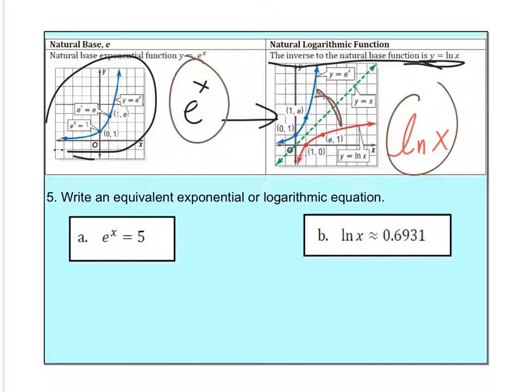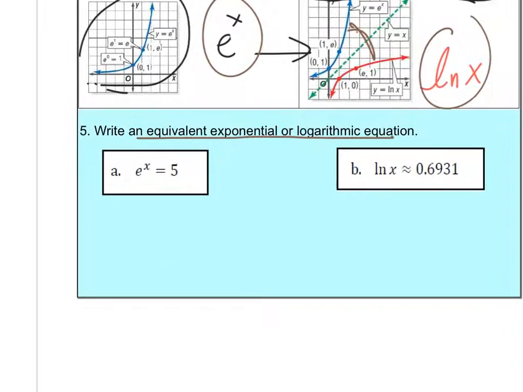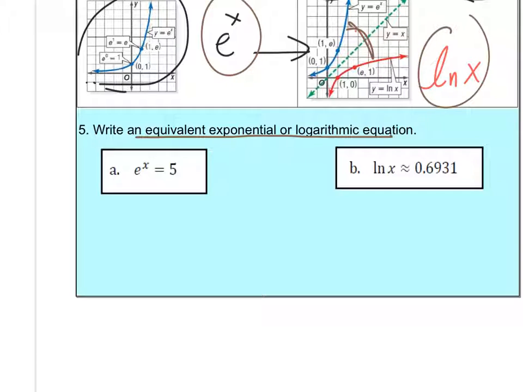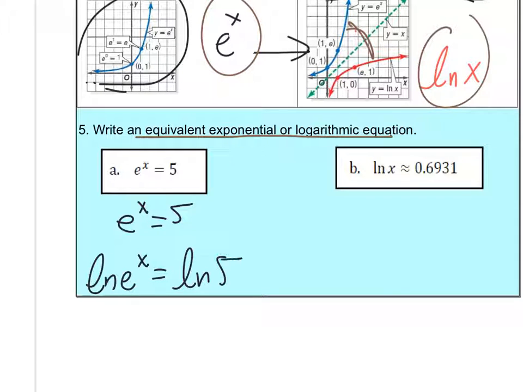Okay, so here what this is saying is they want a logarithmic equation or they want something equivalent. So what I'm going to do is kind of undo that by using my natural log. So if I have e to the x equals 5, I'm going to take the natural log of both sides, and then I'm going to bring this out front.